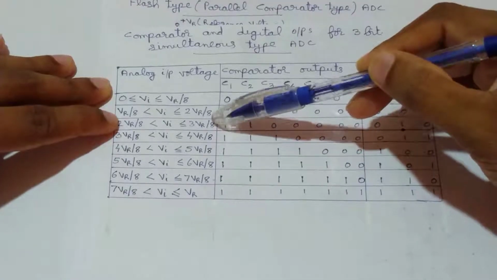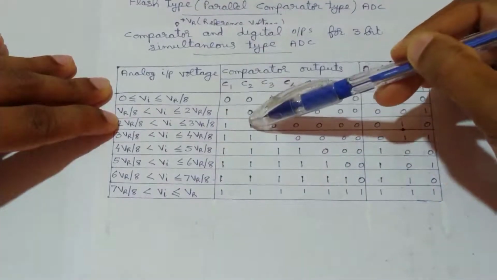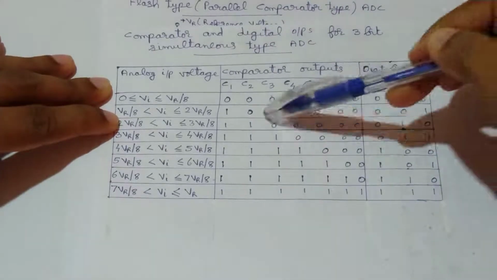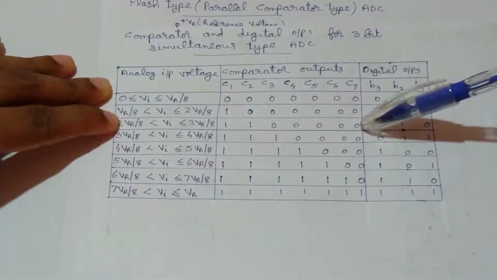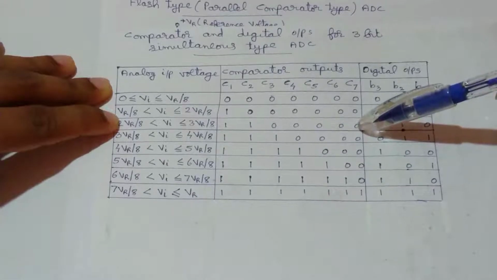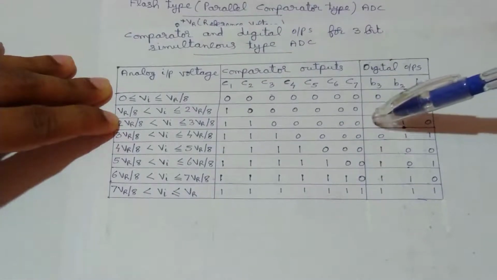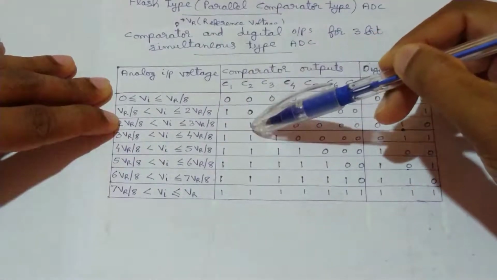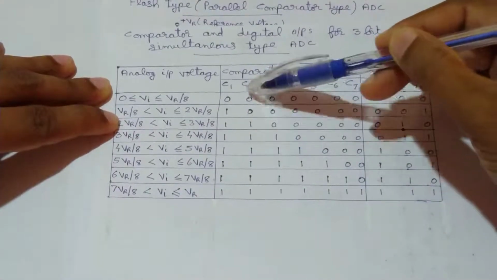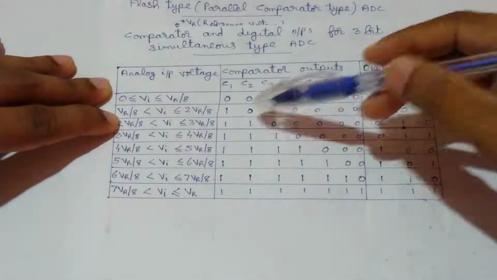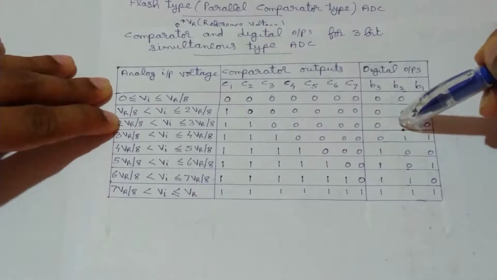So the output of first and second comparators will be high, and the output of all other comparators are at 0 level. Depending upon this input, the priority encoder will produce an output 0 1 0, because here C1 and C2 are ones, so the highest priority is for C2. So the output will be equivalent to 2, 0 1 0.